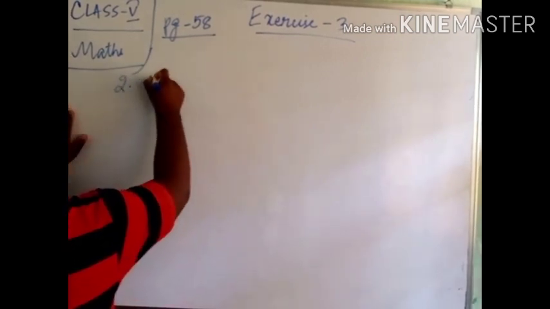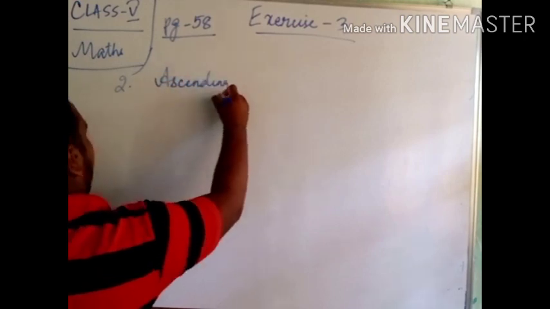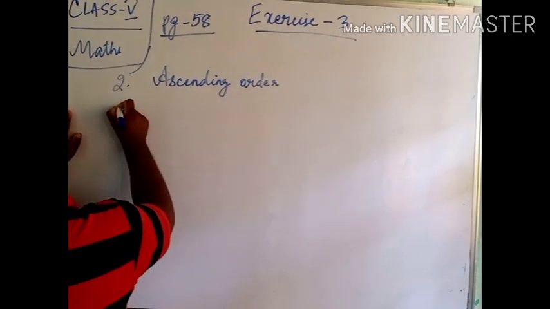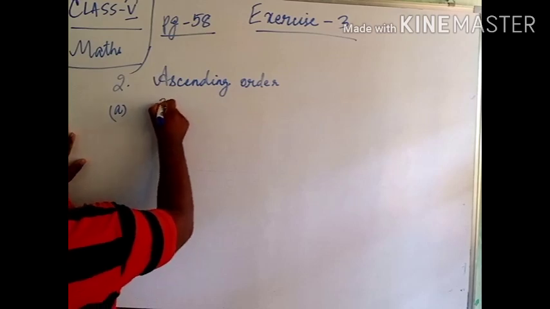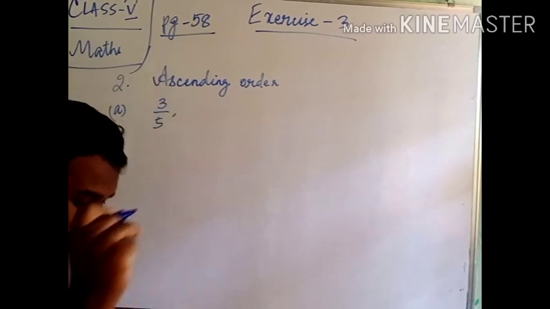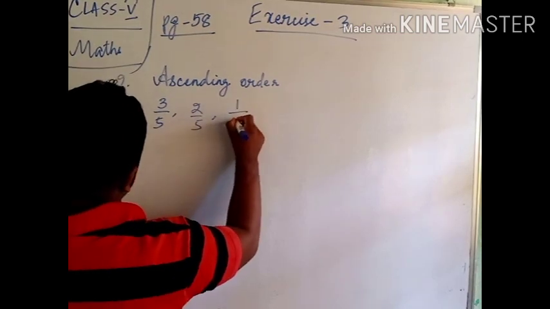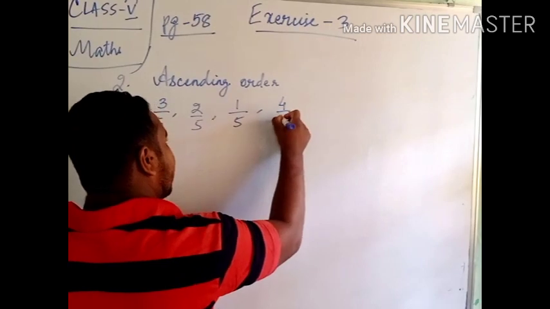Question number 2, ascending order. Look at the first question: 3 upon 5, 2 upon 5, 1 upon 5, and last is 4 upon 5.